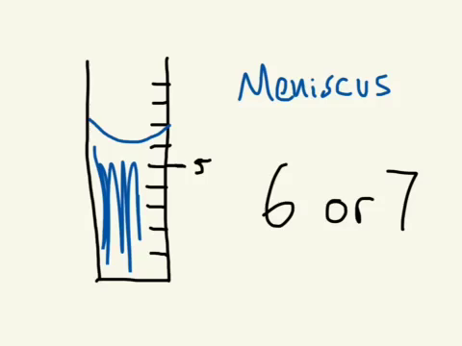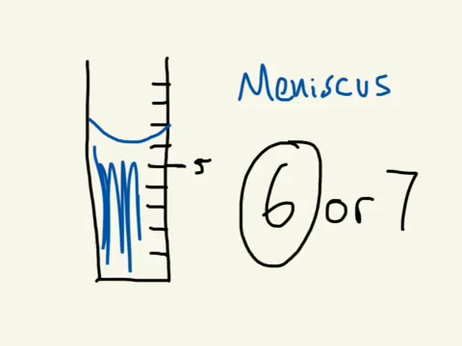Is this 6, which is right here, the bottom, or is this a 7, the top? As you're asking yourself this question, contemplating, thinking about all the riddles of life, the answer is a 6.